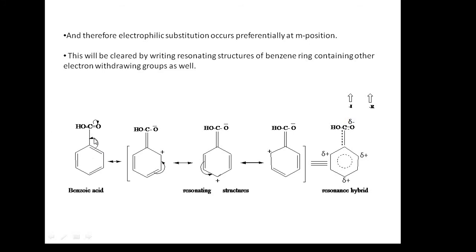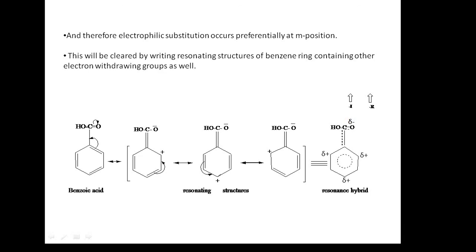That is why delocalization of the pi electrons of the benzene ring to the oxygen atom takes place, resulting in negative charge on the oxygen atom and positive charge on the ortho carbon atom, and similarly it will be delocalized to give three resonating structures like this.